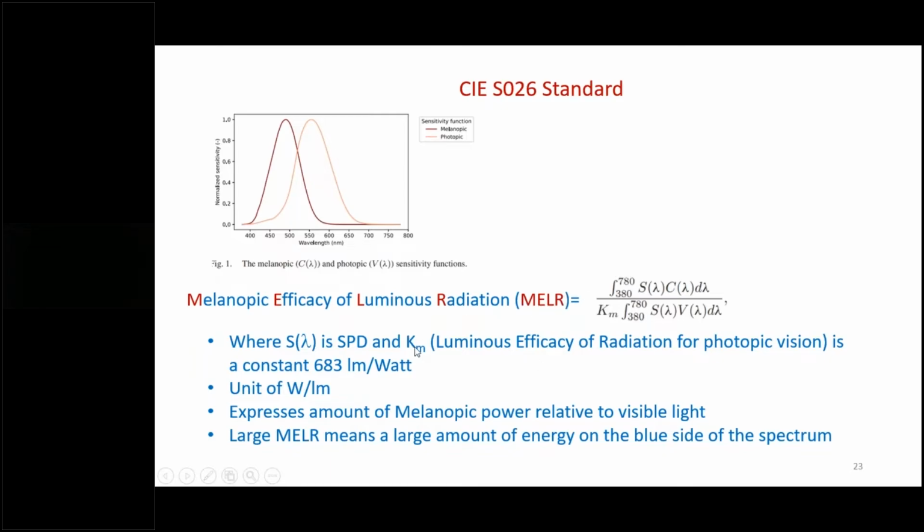And this expresses the amount of melanopic power relative to visible light. So you would compare the amount of melanopic power to the amount of visible power. And a large MELR means a large amount of energy on the blue side of the spectrum, so it's basically prone to receiving blue light if you have a large MELR.